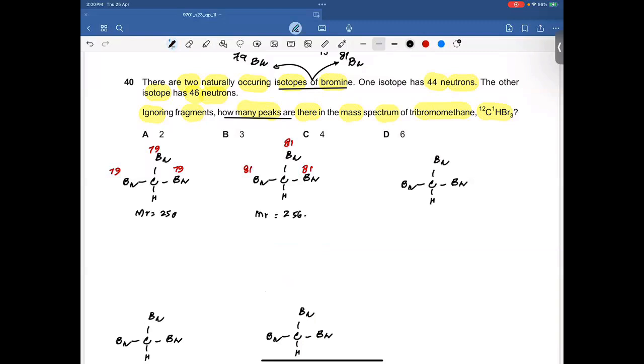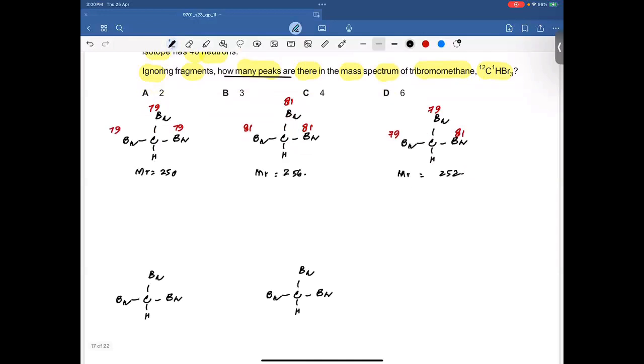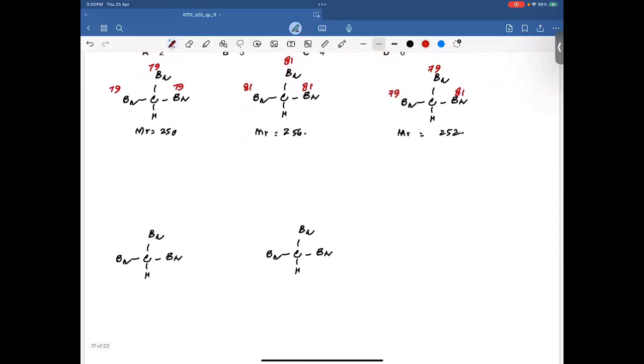Okay. A third possibility is both these bromines are 79 and this one is 81. Let me get the MR of this situation. So we have 79 times 2 plus 81 plus 12 plus 1 is going to be 252. Now in the next permutation combination, is it possible that both these bromines are 81 and this bromine is 79? So 81 times 2 plus 1 plus 12 plus 79 is going to be 254.